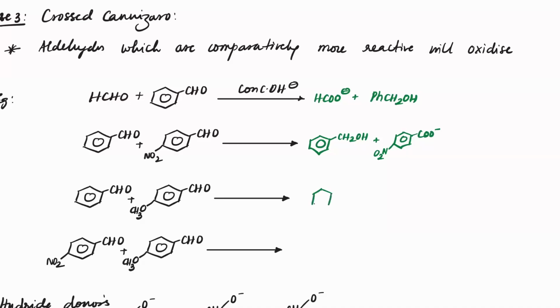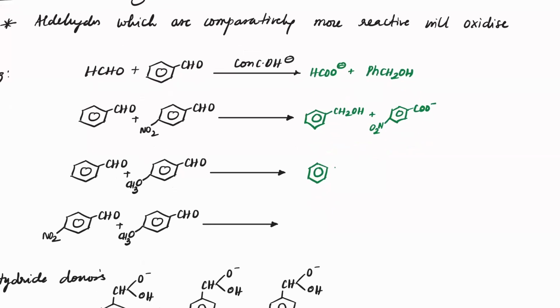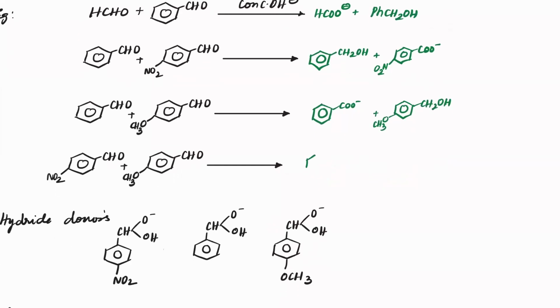Similarly, here benzaldehyde will convert into acid, and since here more donating groups are there, it is less reactive, which makes this an alcohol, CH2OH. Next one, the nitro group will become acid, and this will become alcohol.